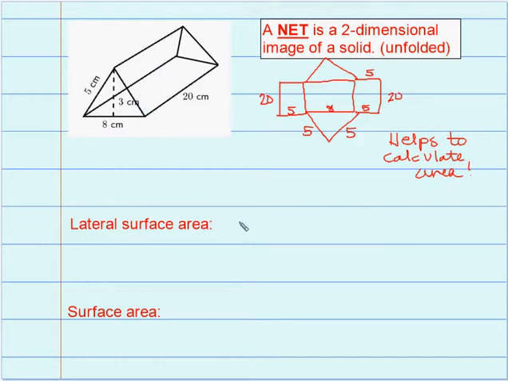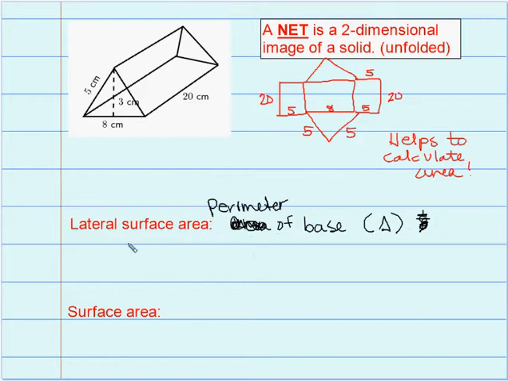The base is a triangle. So the area of the triangle would be 1/2. Whoops, not the area. Sorry about that. We need the perimeter. I was thinking area, and then I wrote that down by mistake. So try not to make that same mistake that I did.